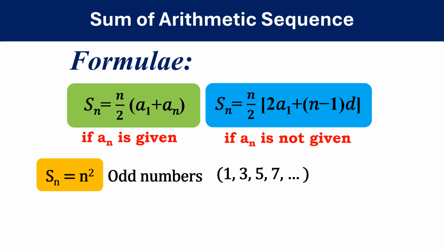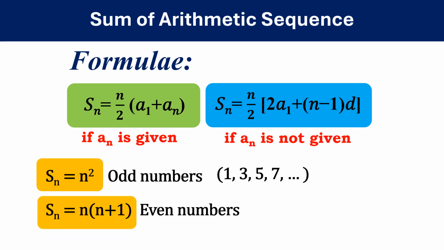So depending, of course, on how many terms we are going to add up. And for even numbers, your even numbers are 2, 4, 6, 8, and so on. The sum would be equal to n times the quantity n plus 1.